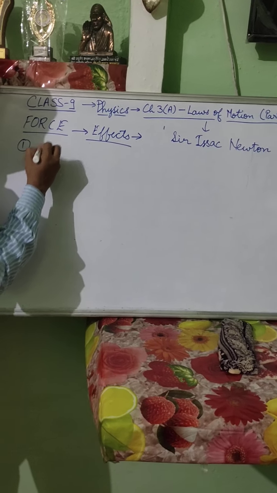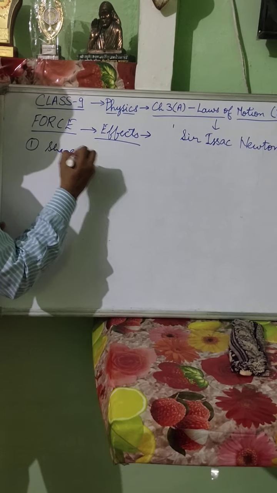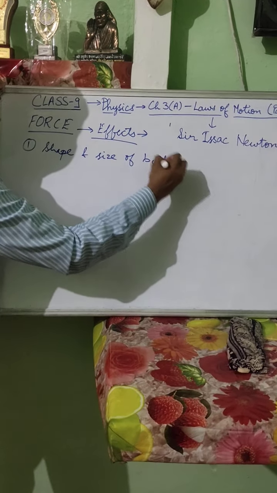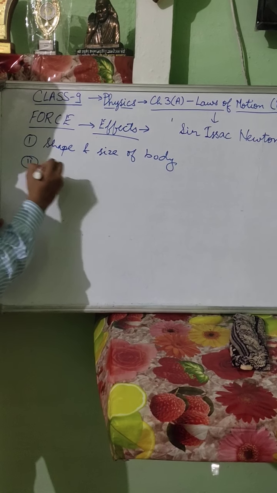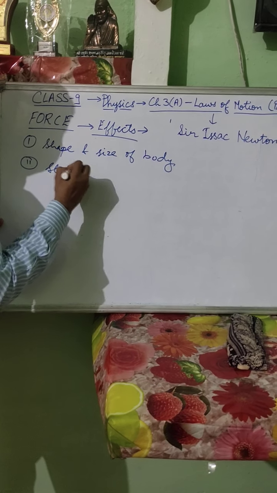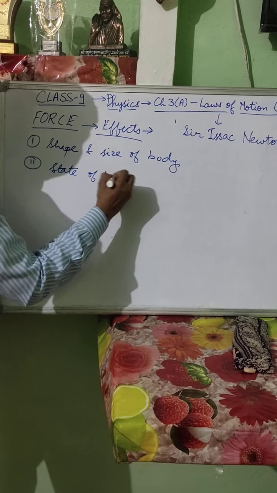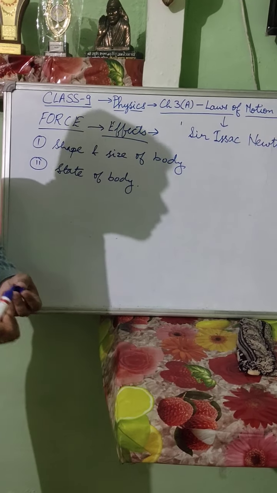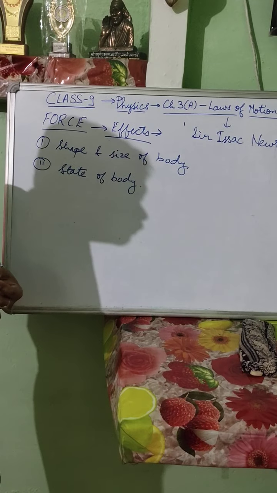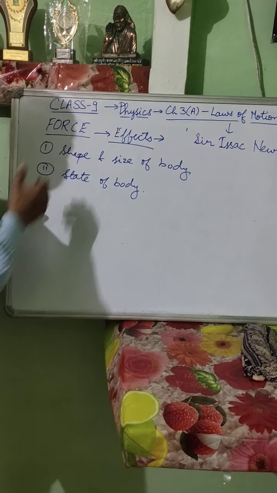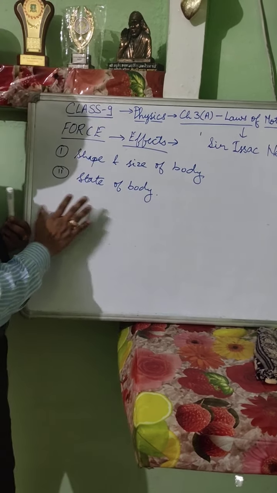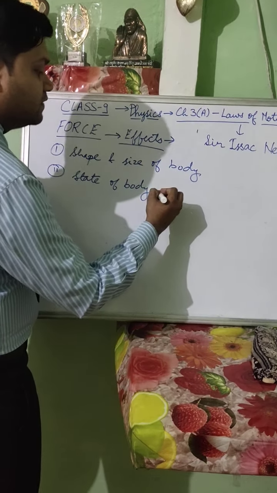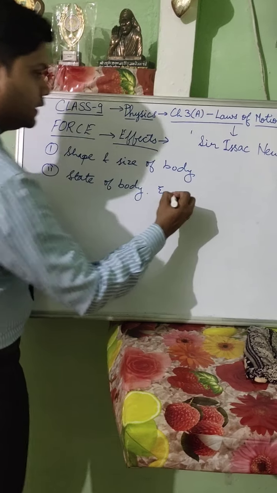Number 1, it changes the shape and size of the body. And another one is, it can change the state of the body. It can bring rest things into motion and motion things into rest, whereas it can change the shape and size of the body.